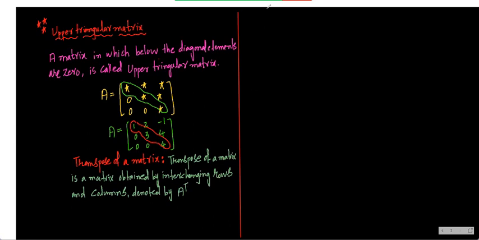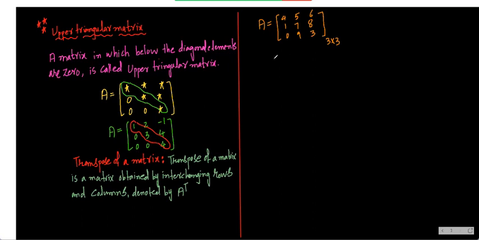Now I am writing examples here. Suppose you give me any 3 by 3 matrix, 3 rows, 3 columns. Come on, fast. 4, 5, 6, then 1, 7, 8, then 0, 9, 3.